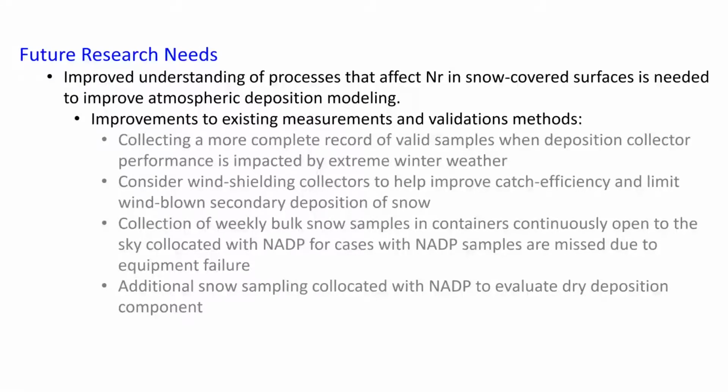That way, if there are equipment failures, or if it really just snows way too much for our collection buckets, we can have these backup measurements that can be used to fill in the gaps for those time periods. And also, as I mentioned earlier, try to utilize that comparison of total deposition observations with wet deposition observations to try to infer the dry deposition component.